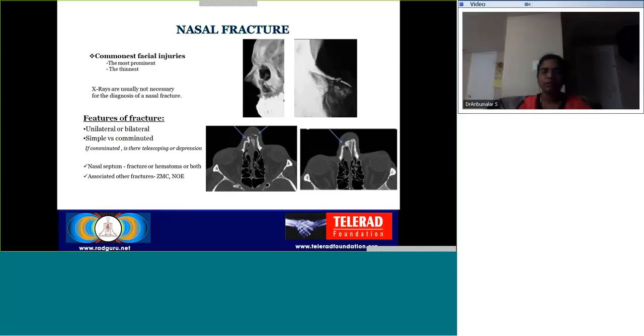The CT imaging in the nasal fracture is helpful in this way. We can assess whether the nasal bone fracture is unilateral or bilateral, simple or comminuted. If comminuted, we have to mention whether the fracture fragments are telescoping or depressed, and whether any associated nasal septal fractures or zygomaticomaxillary or naso-orbital-ethmoidal complex fractures are there.